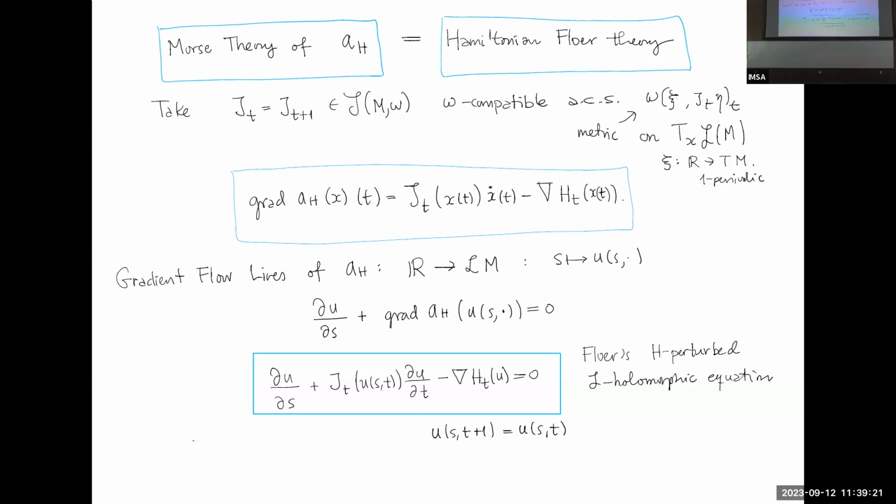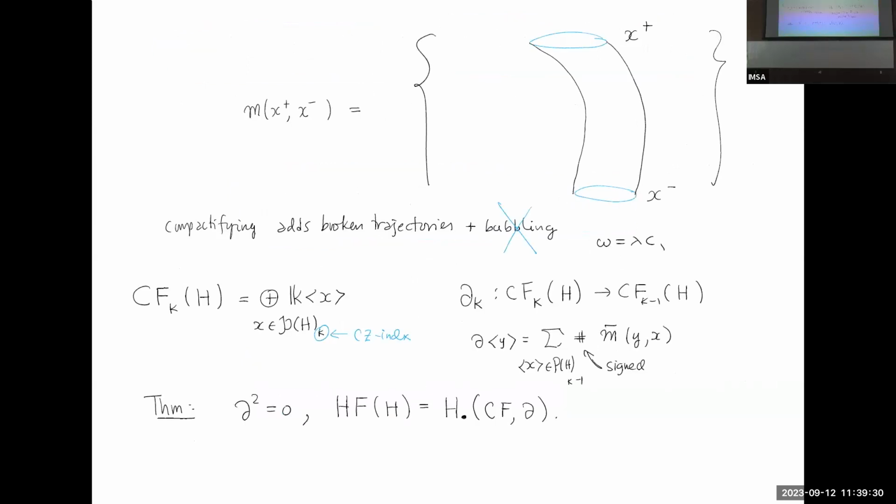So that's called the perturbed J-holomorphic equation, and you look at solutions of this. These solutions are going to be cylinders.